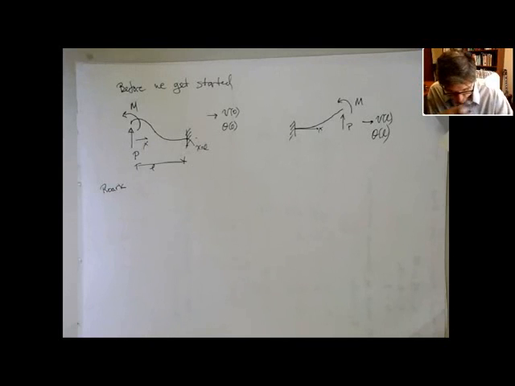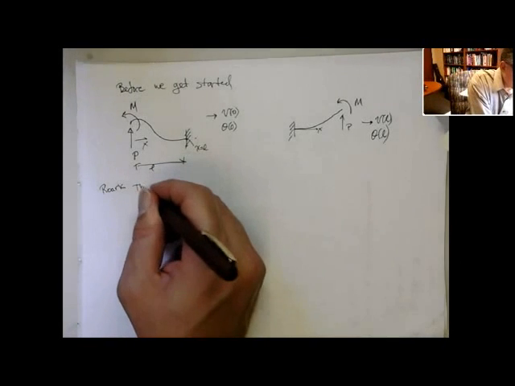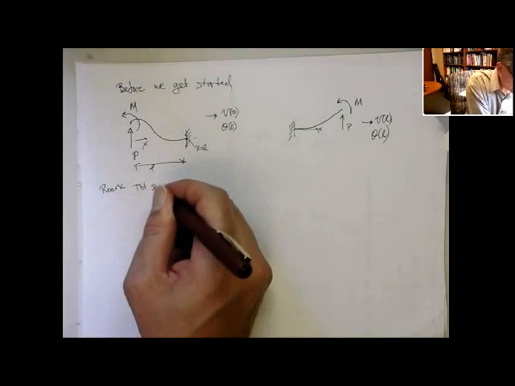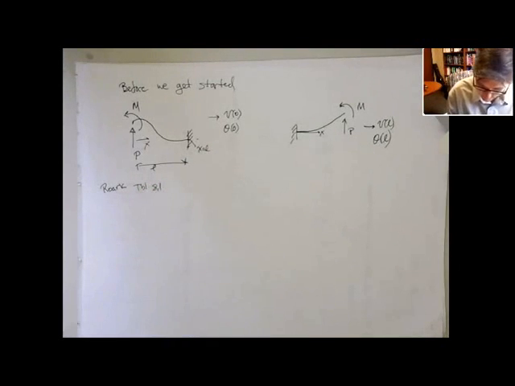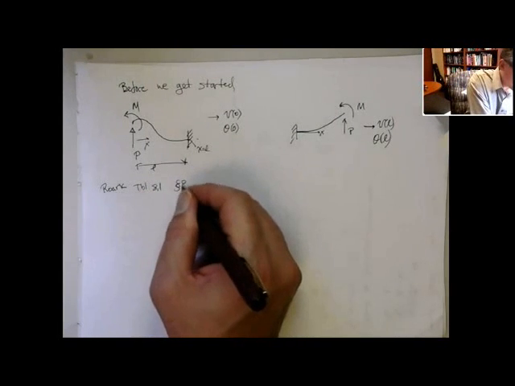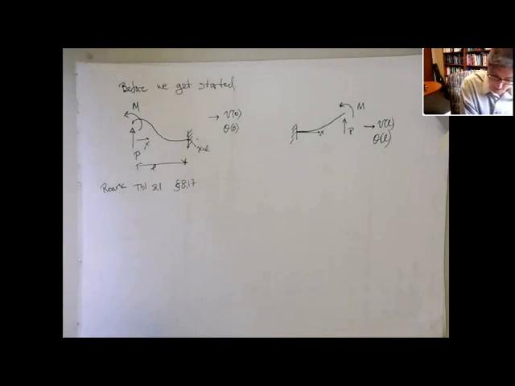Where's the one with the moment? Okay, so if we look at table 8-1, which is in section 8-17, this is the beam tables.